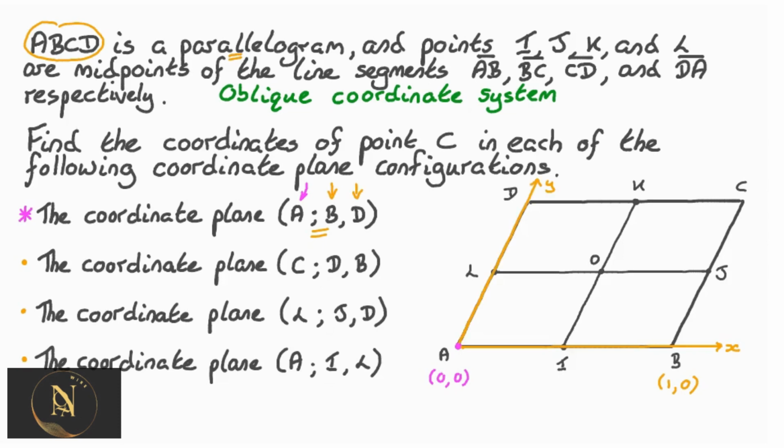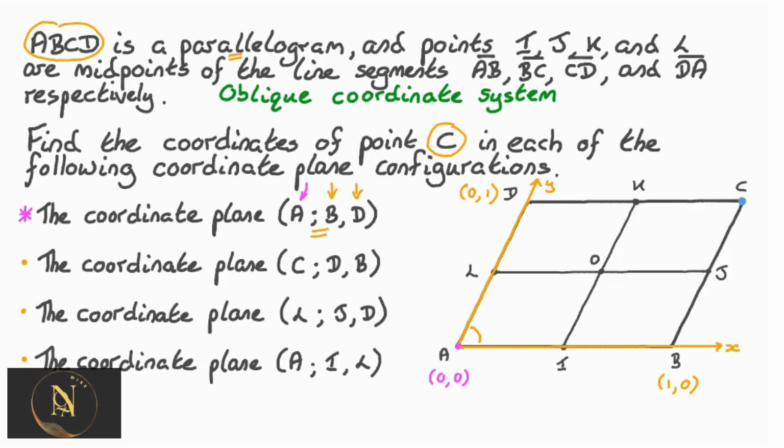In the same way, line AD is the y-axis, with the line segment AD its unit length. This means that D has coordinates 0, 1. Since the angle DAB is not equal to 90 degrees, this confirms we are dealing with an oblique coordinate plane.